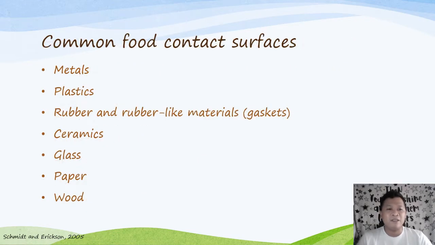So nowadays, metal is one of the most preferred common food contact surfaces, although there are still a lot of plastics like in conveyor belts. Most of the gaskets are still rubber or rubber-like materials. There are cases wherein we still use ceramic and glass, such as when you have a viewing window along a pipe, or in certain cases, whether it be packaging or just the surface where the food is put, you still have paper and wood in some cases.